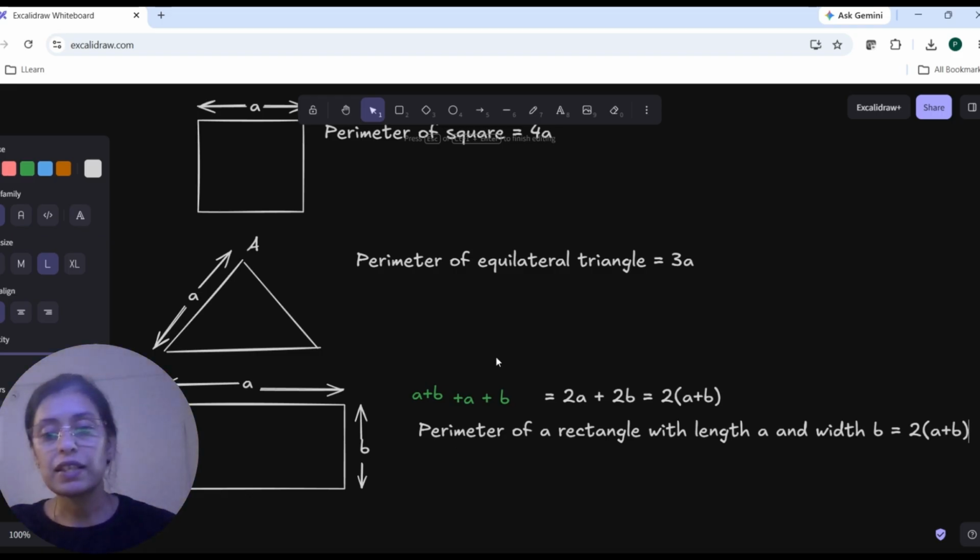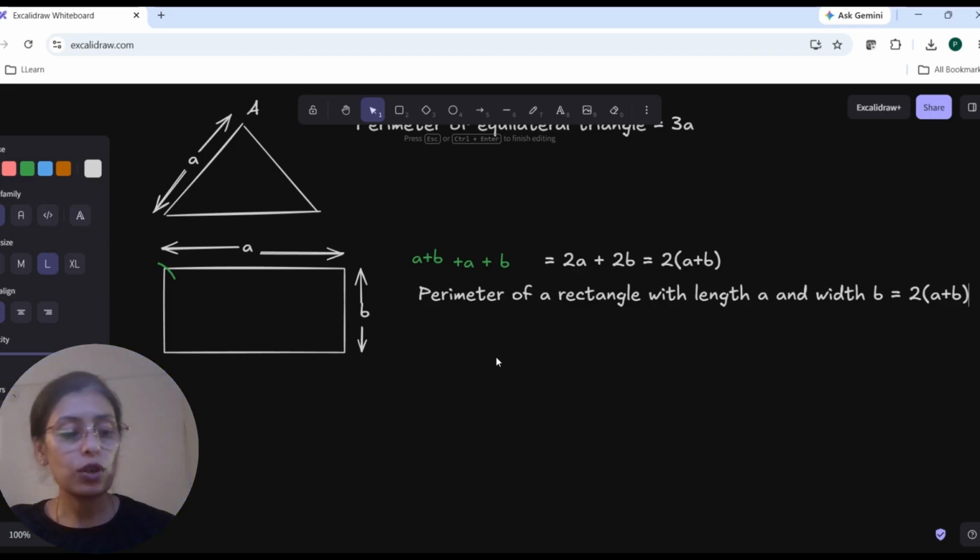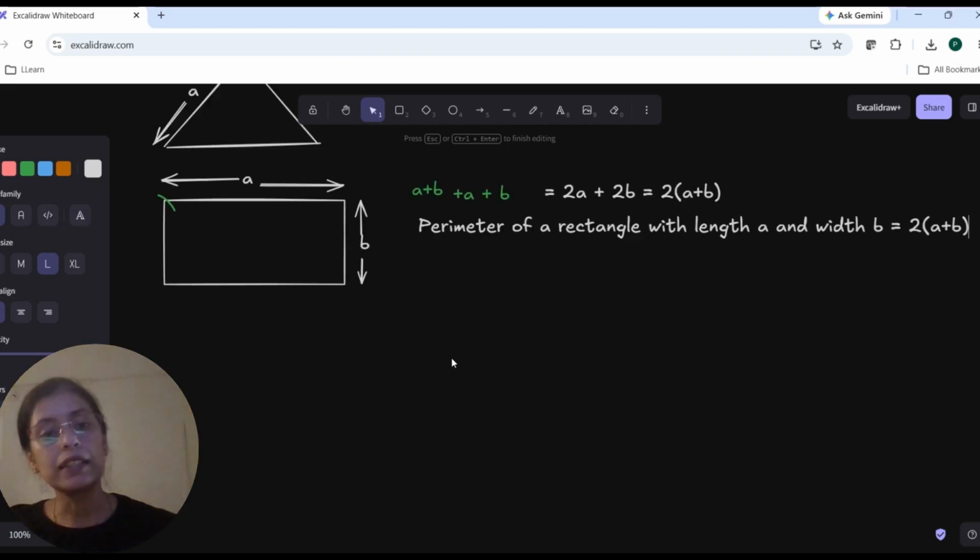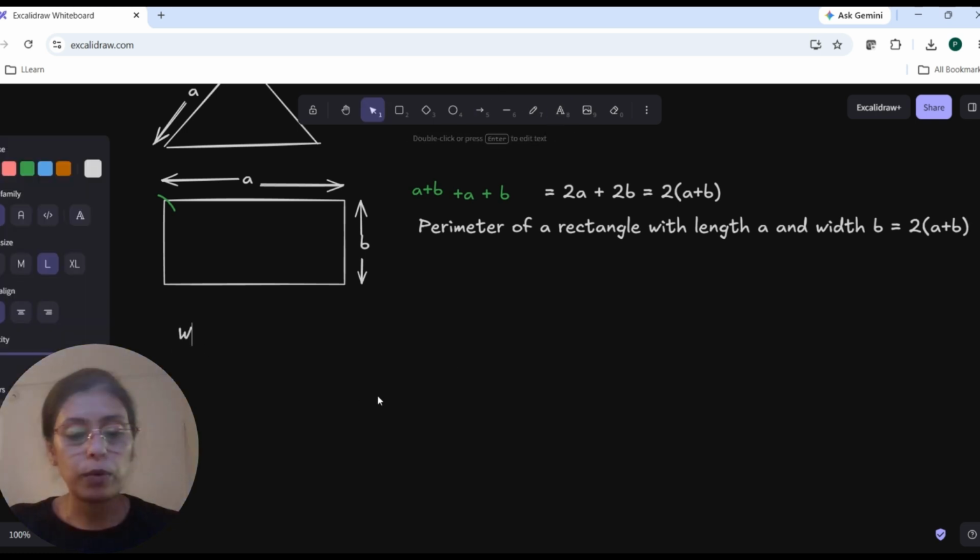These things you have also studied in your lower grades and you're already familiar with that, right? Now what about a circle? We have seen all these shapes which had straight lines, but the circle has a curved line.